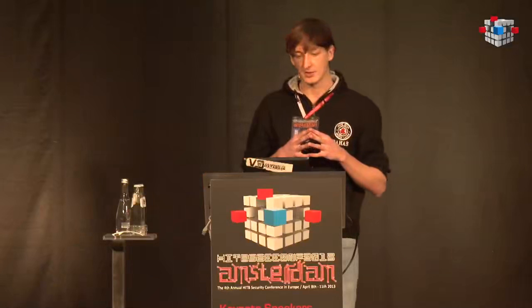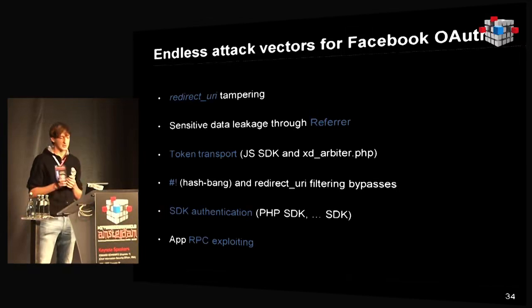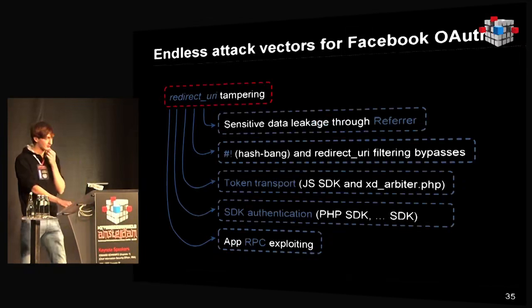So if you exploit the token transport, you abuse parameters for the iframe, or you just redirect to some open proxy. If you exploit the hash-bang navigation, if you pull data from the hash, you also tamper with the redirect URI. And also, if you abuse the SDK authentication, the issue was that the redirect URI was empty.